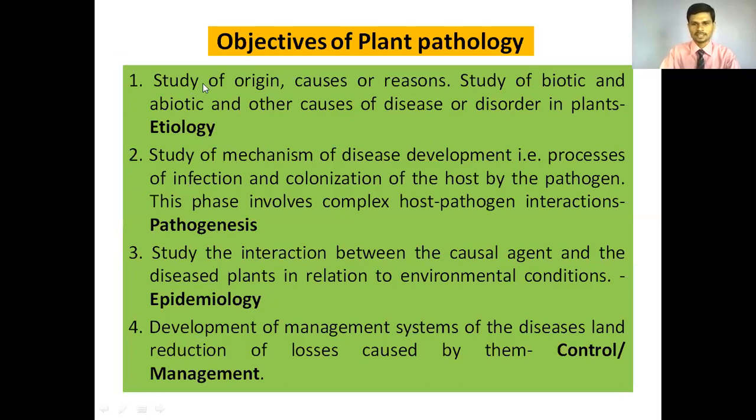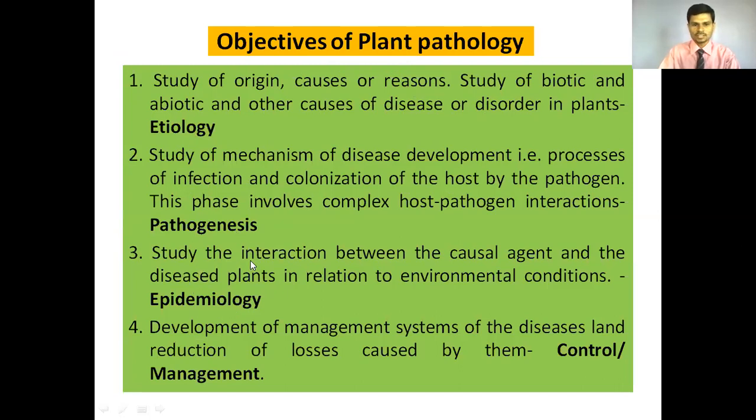Then we will see the objectives of plant pathology. First, etiology. It is the study of origin or causes, the study of biotic and abiotic and other causes of diseases or disorders. It's called etiology. Then pathogenesis: the study of the actual mechanism of disease development, the process of infection and colonization of the host by the pathogen.